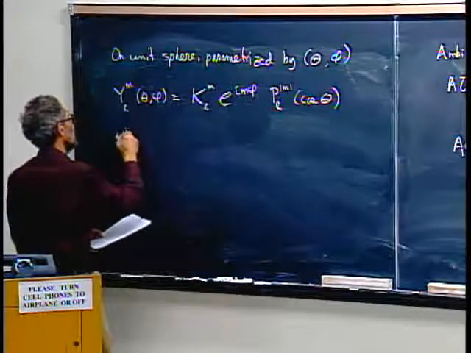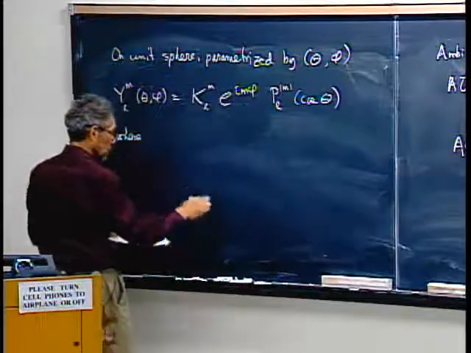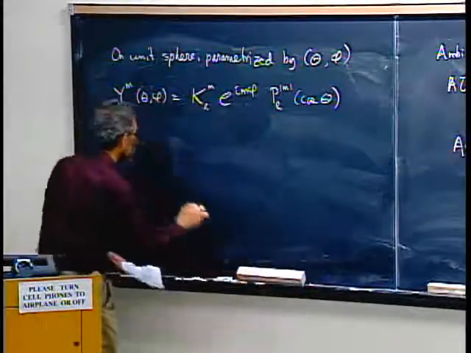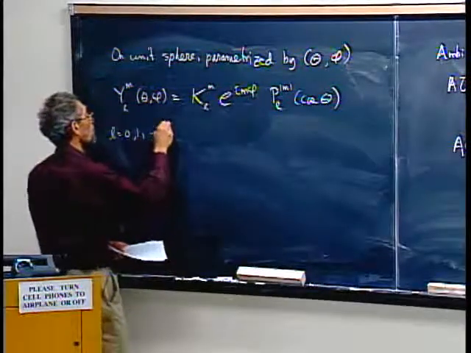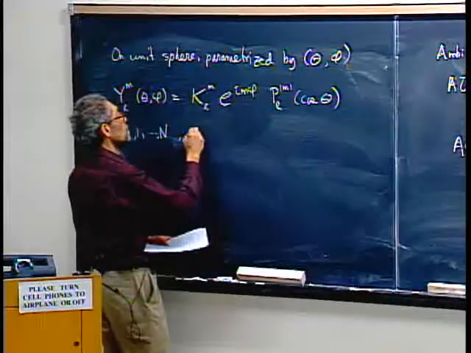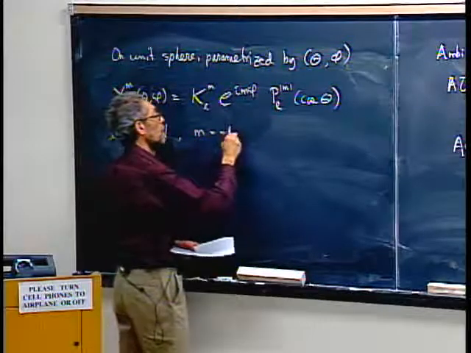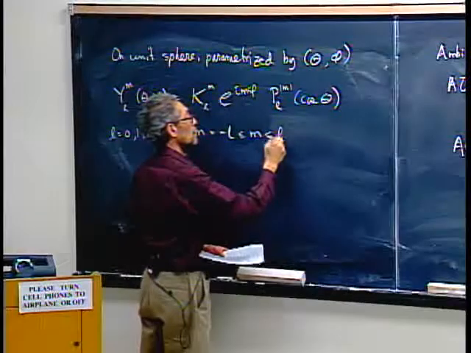So let me just tell you what these normalization factors are. First of all, for L equals 0, 1, up to some number where we're going to stop, but these could go on to infinity. And for each of those L's, m can go from minus L up to plus L.